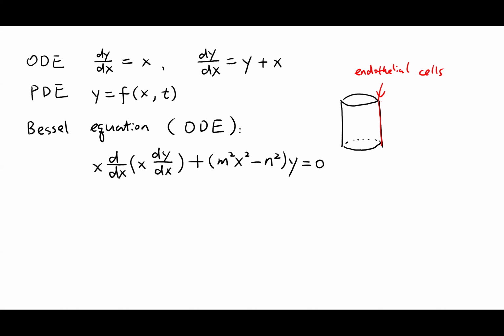These endothelial cells are going to make nitric oxide, the NO. And once they make the NO, it will diffuse both into the tissue and into the blood. So in this region is the blood, okay? So you can see the diffusion direction is in the radial direction in cylindrical coordinates. So that's why you have something that looks like this, okay?